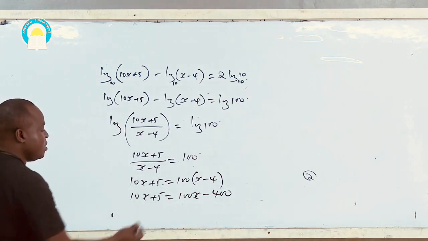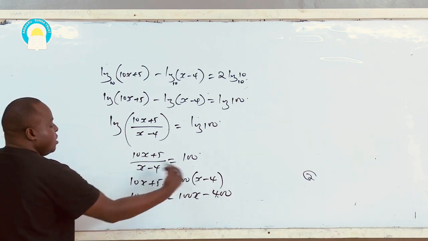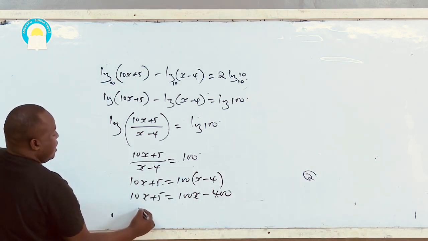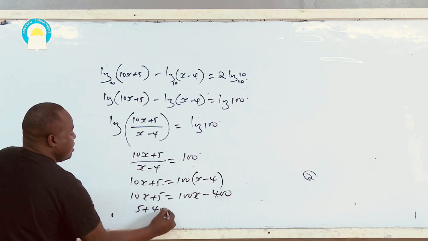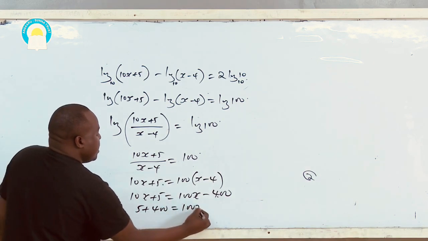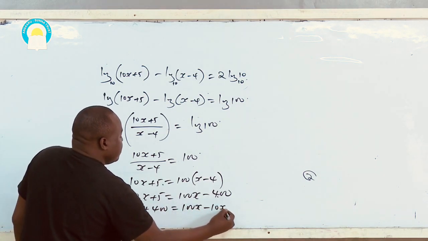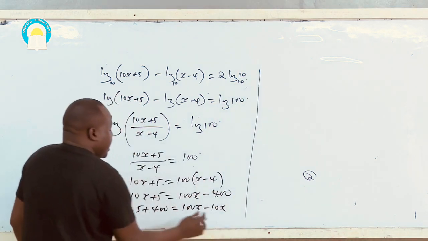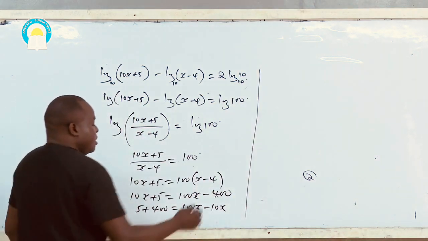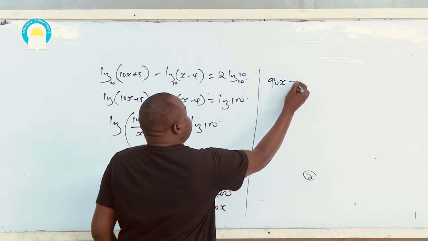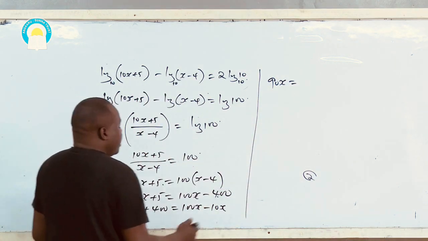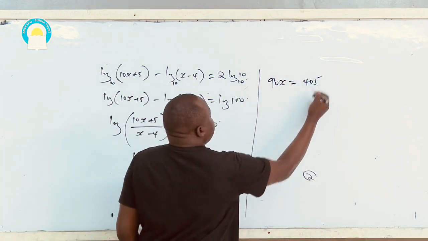Collecting like terms, 400 on this side, 10x on the other side, I'll have 5 + 400 equals 100x - 10x. Okay, 100x minus 10x is the same as 90x, and this added gives you 405.